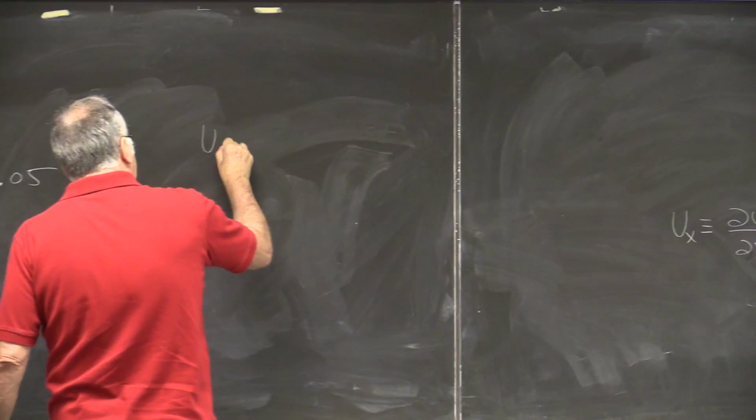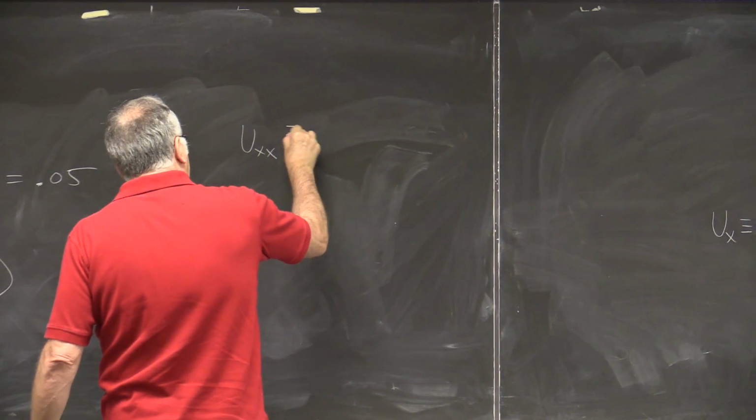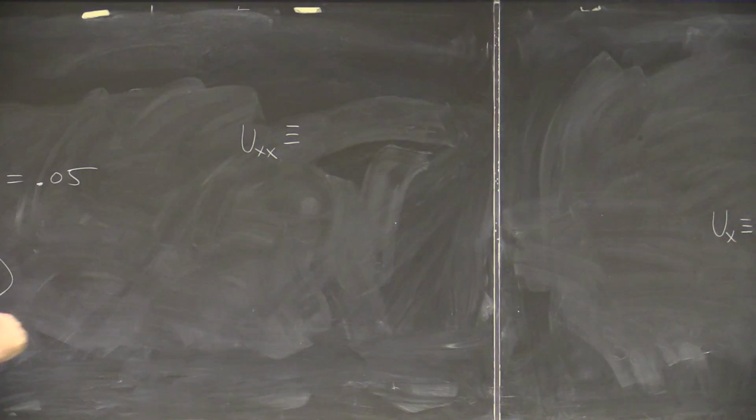What is u sub xx? Let's just first give the explanation of what it is. What does u sub xx mean? By definition, changing the marginal utility of x for a change in x.